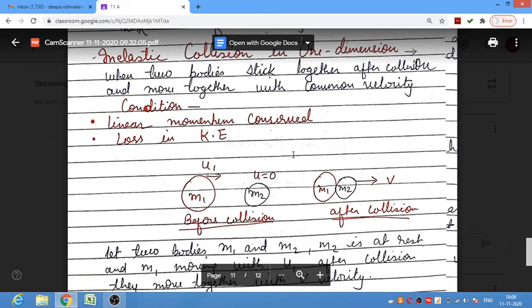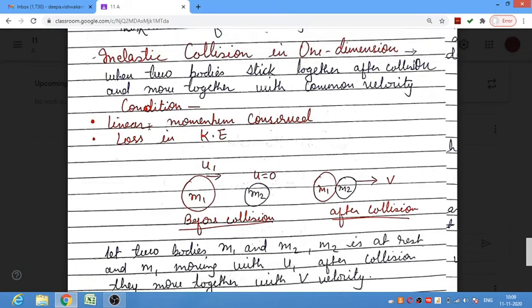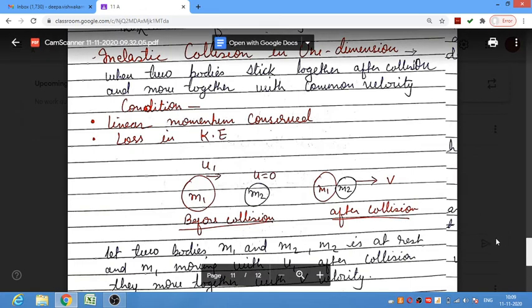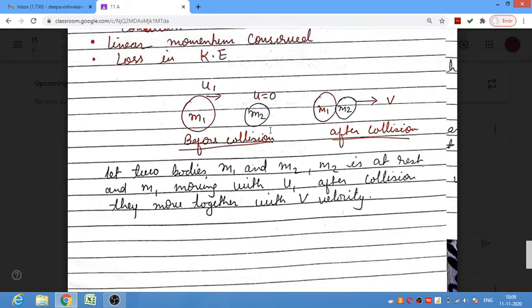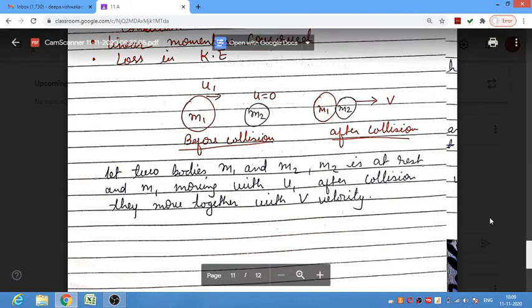In inelastic collision, linear momentum is conserved and there is a loss in kinetic energy. Total energy is conserved, but kinetic energy is not conserved. So this is the case when m2 is at rest and m1 is moving with velocity u1. After collision, both stick together and move with a common velocity v.